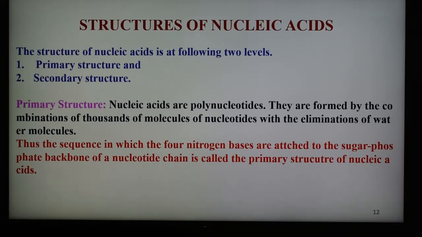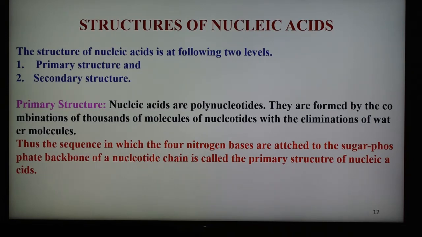Each sugar on this backbone is further connected to one of the 4 nitrogenous bases, and therefore the sequence in which the 4 nitrogen bases are attached to the sugar phosphate backbone of the nucleotide chain is known as the primary structure of nucleic acid. I am repeating again that the sequence in which the 4 nitrogen bases are attached to the sugar phosphate backbone of the nucleotide chain is known as the primary structure of nucleic acid.